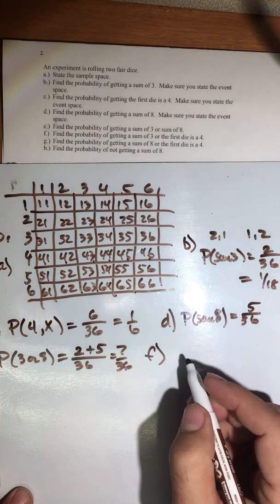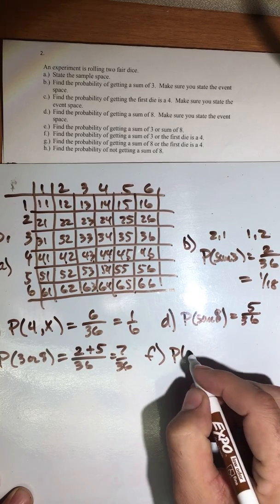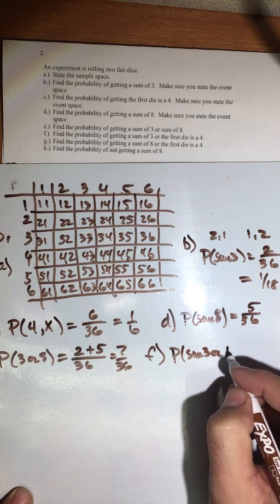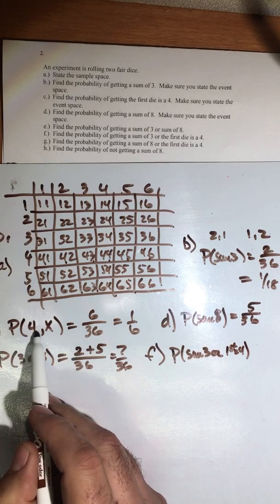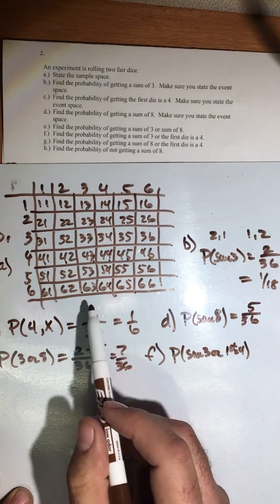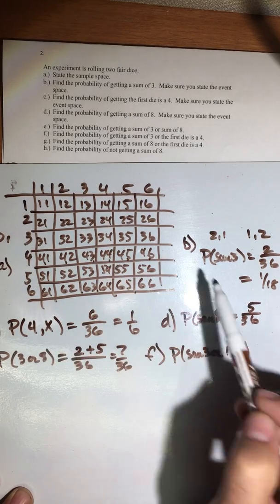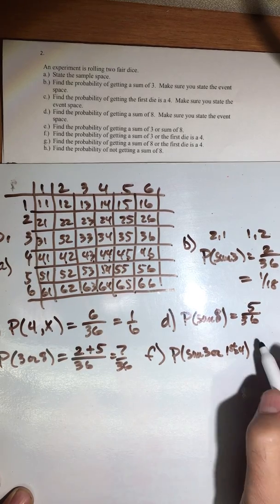And then F, find the probability of getting the sum of 3 or the first die is a 4. Okay, well, there's a total of 6 ways to get the first die being a 4. And remember, we don't have to worry about any of these being double counted with the sum of a 3, because if the first die is a 4, we can't have the sum of 3.